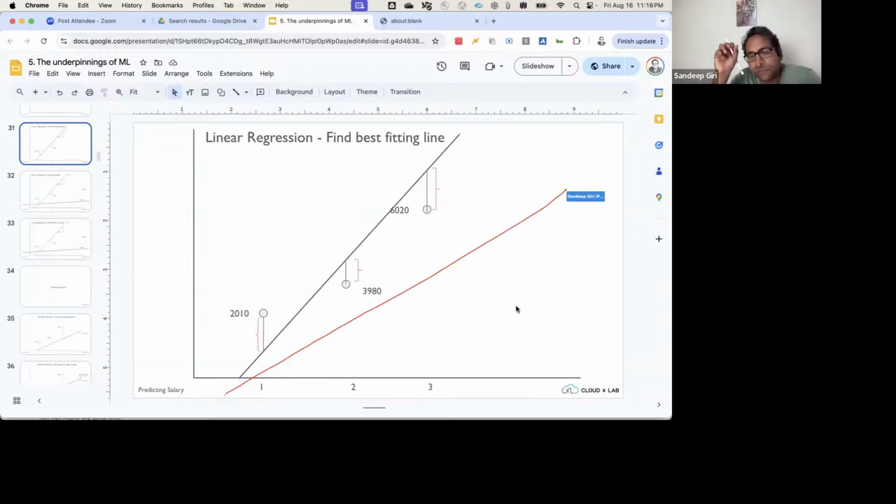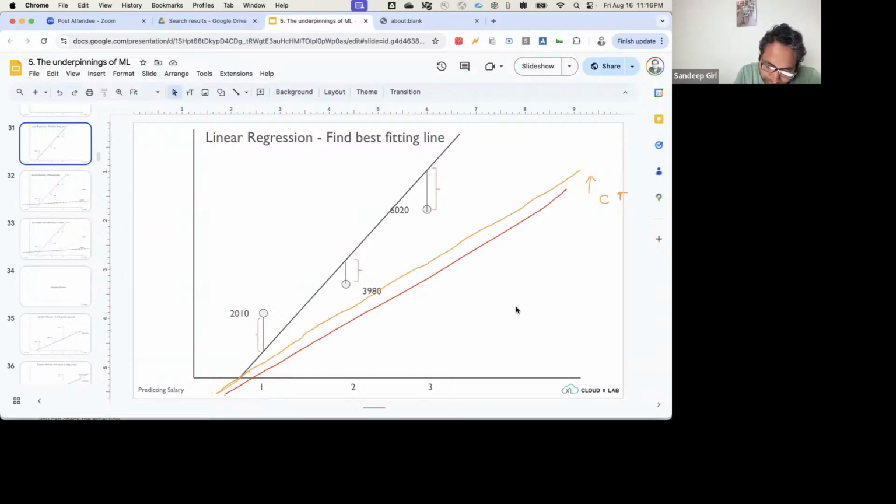First we tweaked the slope, observed the rate of change of slope, and kept it aside. Then what we did was we lifted it a little bit, kept the slope as is and lifted the line a little bit. We increased the intercept.